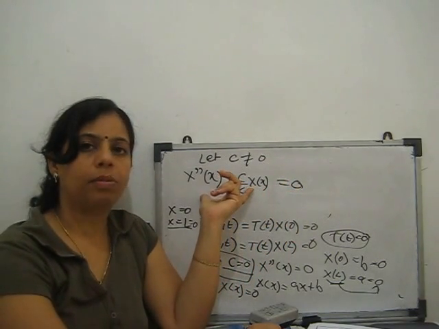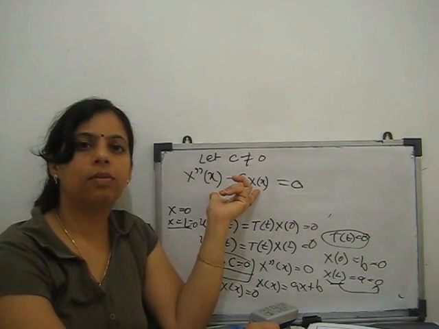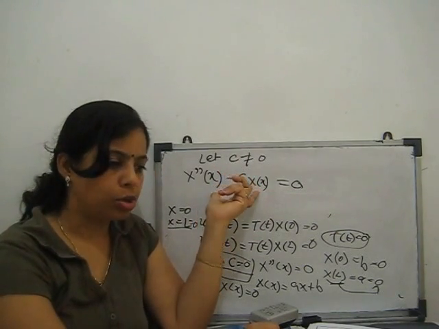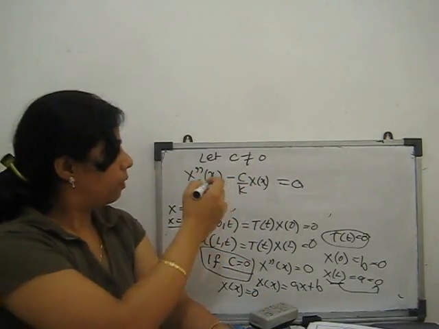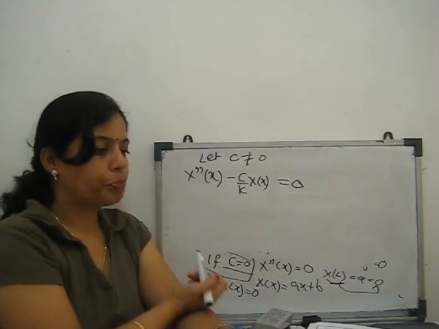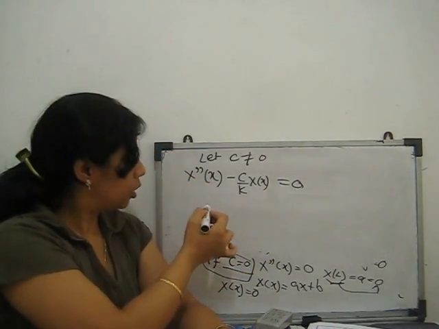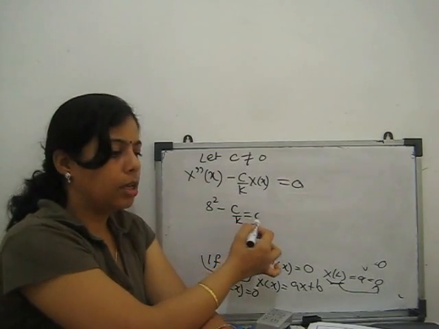We only write the complementary function. We will find the roots of this equation. If we substitute s, then s square minus c by k equal to 0.